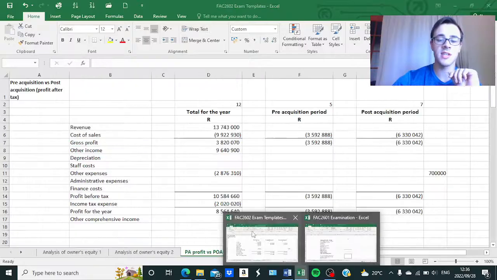Okay, and then in your consolidated statement of financial position, remember for the purposes of this lesson, we are drafting all the group's financial statements.